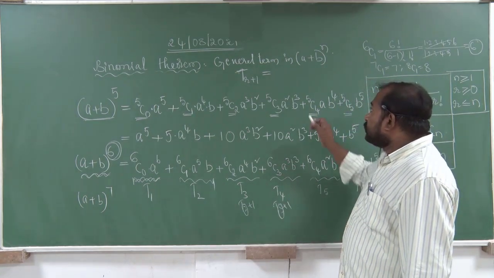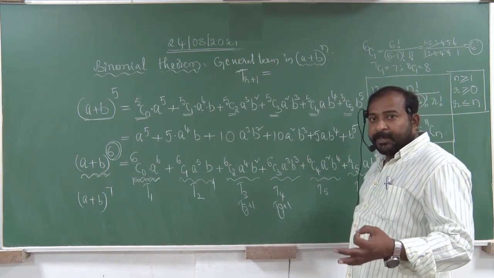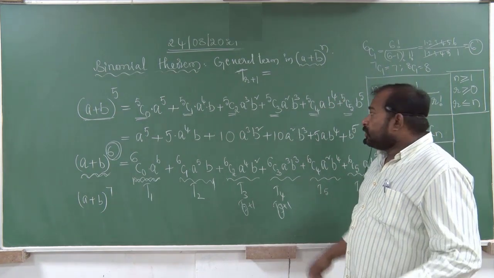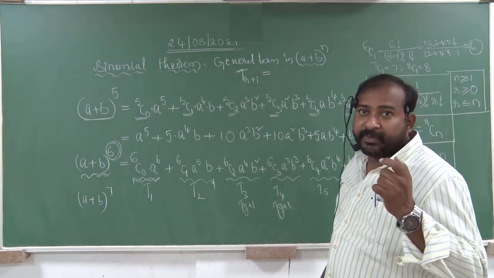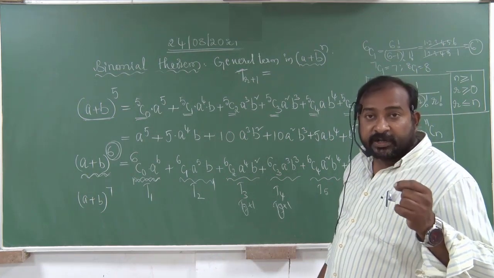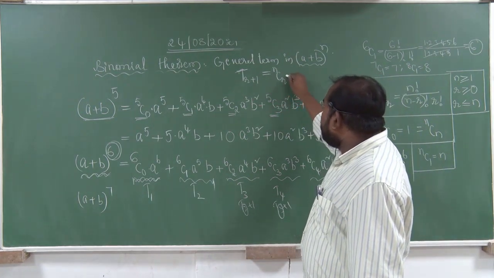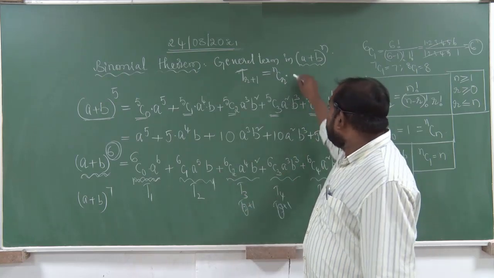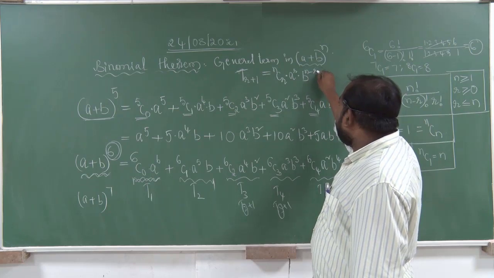Like that, the general term in the expansion of (a plus b) whole power n is T(r plus 1). That means the (r plus 1)th term is called the general term. And T(r plus 1) is given by nCr into a power r into b power n minus r.